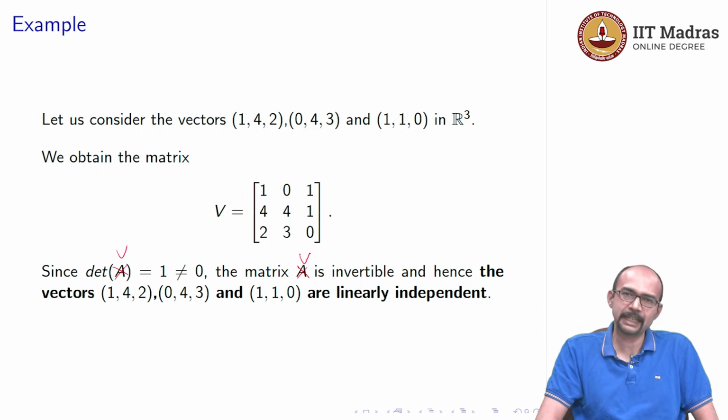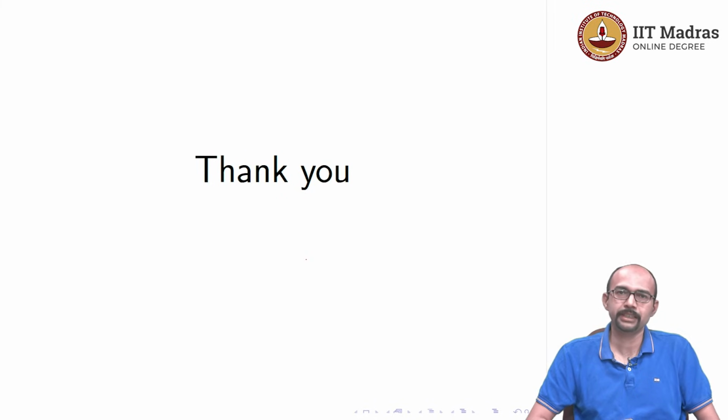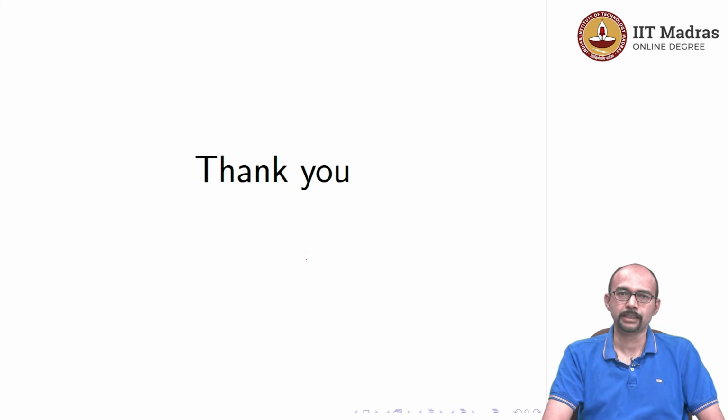And if you have exactly n vectors in Rn, then you can check the linear dependence or independence by looking at the determinant of the corresponding matrix V formed by putting the jth vector into the jth column. So this is more or less everything that we have discussed in this video.